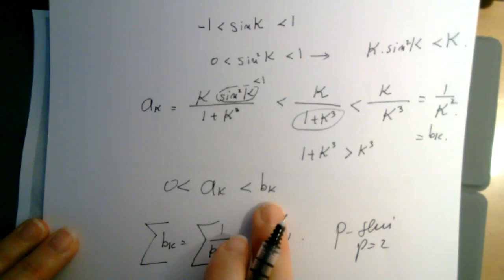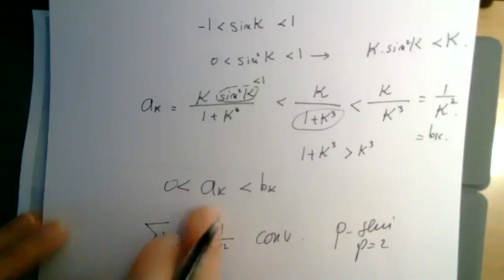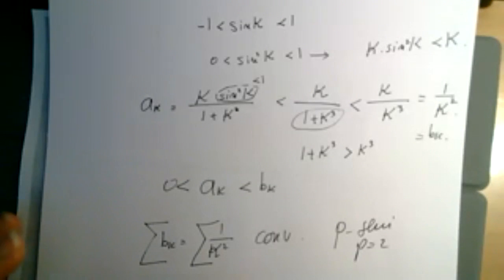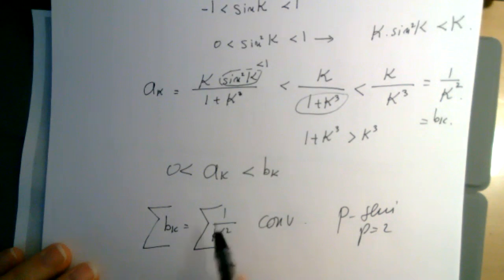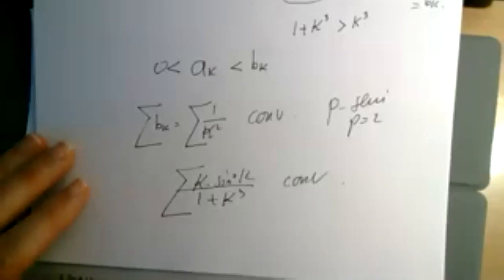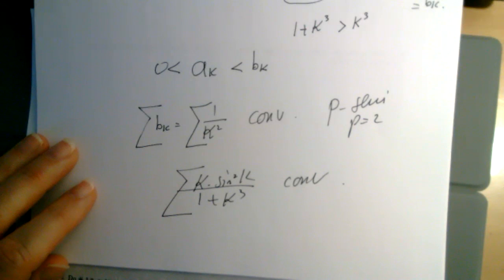If the larger one converges, the smaller one, being positive, cannot go to minus infinity. It's going to also converge. So the smaller series, which is the one I'm interested in, also converges. Okay? Questions about this problem?